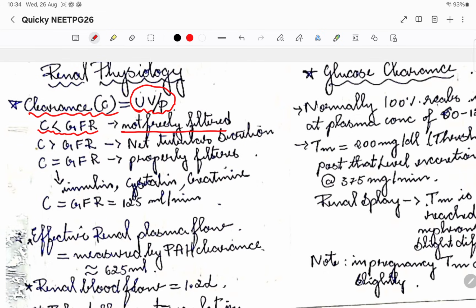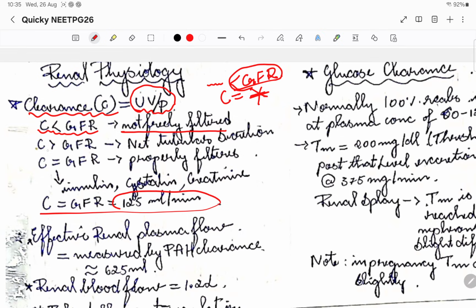If a substance is there and its clearance is less than GFR, where the normal GFR is 125 ml per minute, suppose you want to know the clearance happening with respect to the kidney. If we compare the clearance with the normal GFR, and the substance clearance is less than GFR, it means that it is not getting filtered properly.